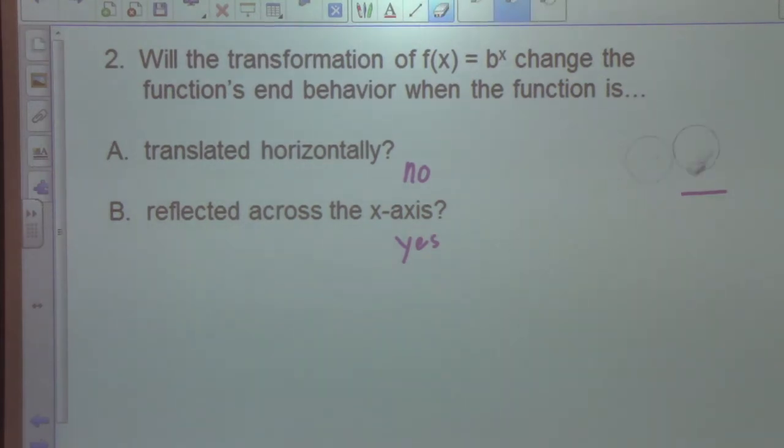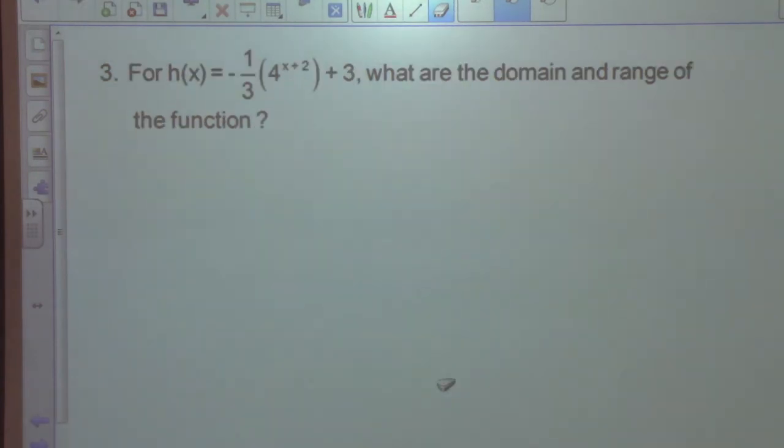Okay, thank you. That was some good analysis there. Next, for h of x equals -1/3 times 4 to the power of x plus 2, plus 3, what are the domain and range of the function? Okay, domain. I'm going to write it two different ways here, in set notation and in interval notation.